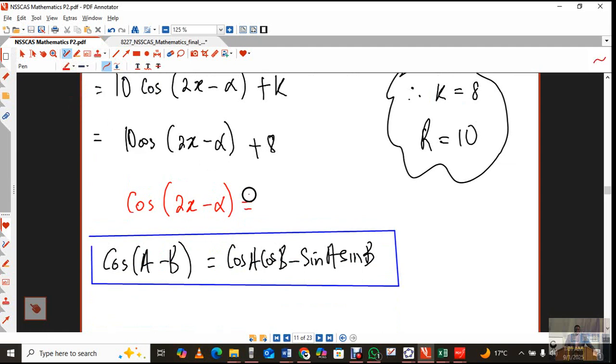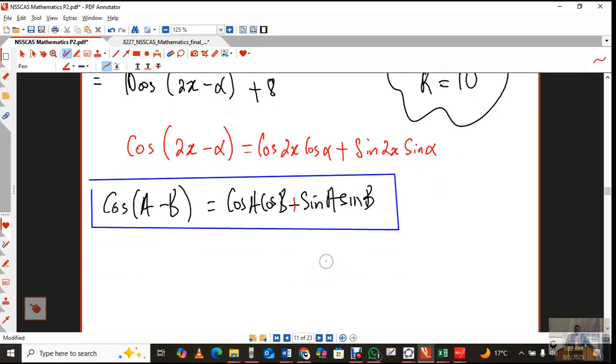So this becomes cos 2x cos alpha. That's a minus, so this becomes a plus. So this is going to be sine 2x sine alpha. So I'm just going to rewrite that. Remember, I know what my R value was. My R value was 10. Just very important.